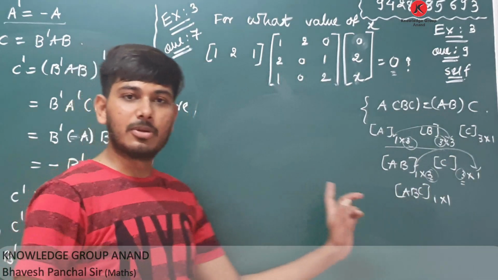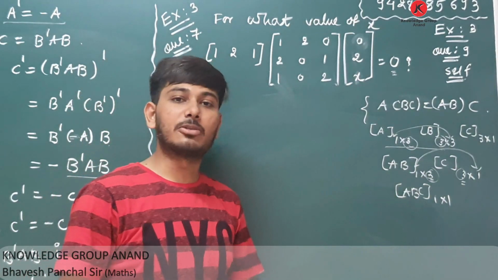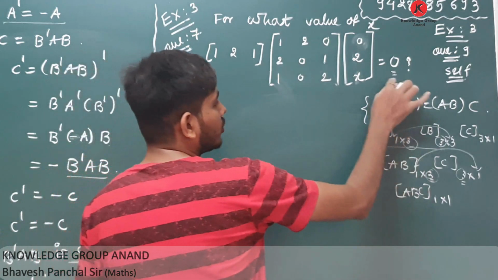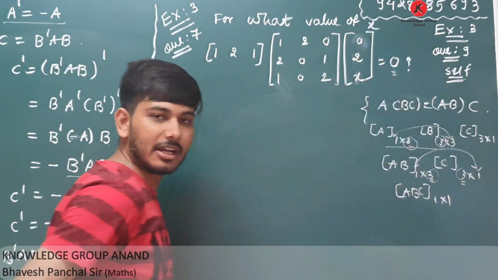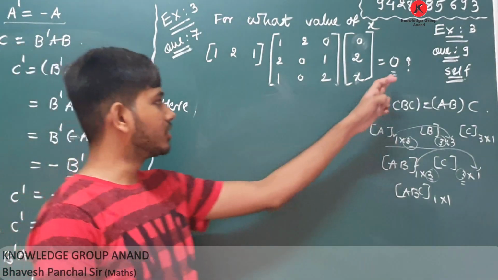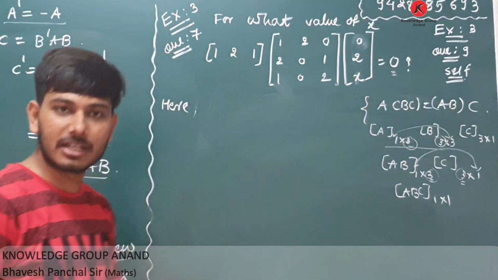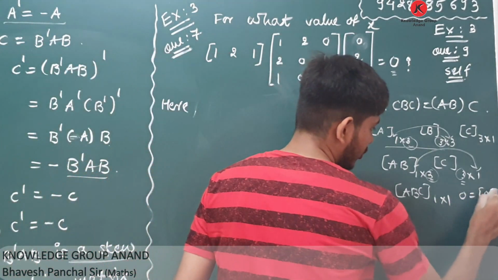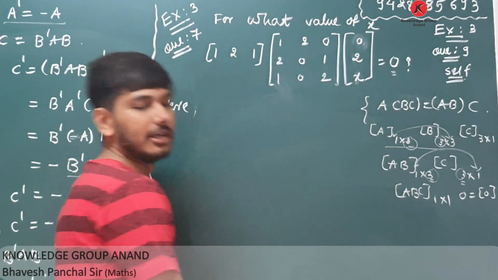That means number of rows 1, number of columns 1. That means only one element is there. Therefore, we have to take the 0 matrix as a 1 by 1 matrix. Therefore we can write the zero matrix as only the element 0, in a 1 by 1 matrix.